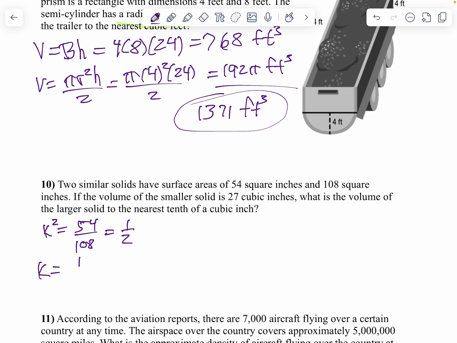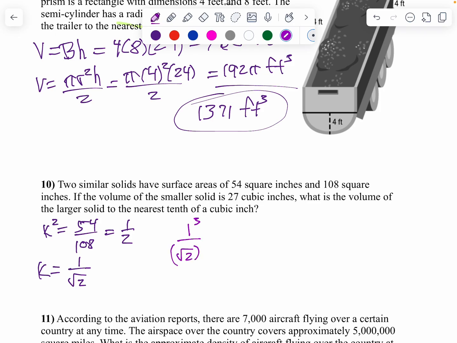So the square root of 1 is 1 over the square root of 2. But then I'm going to compare that to my volume, so I'm going to cube that ratio. So it's 1 cubed to the square root of 2 cubed.